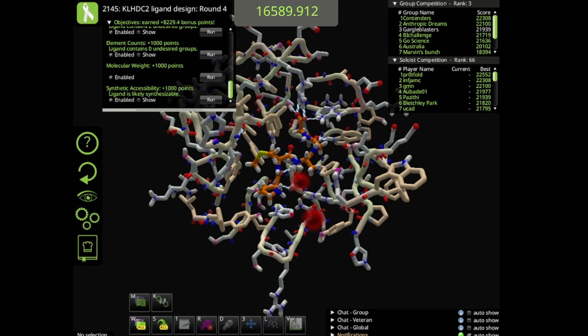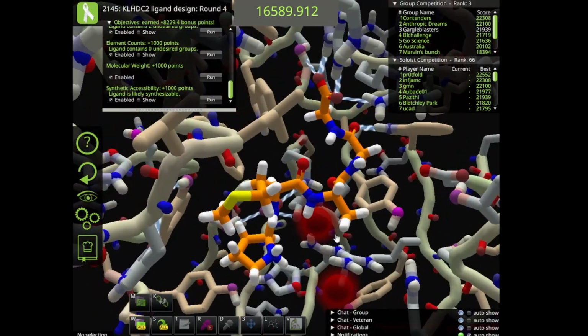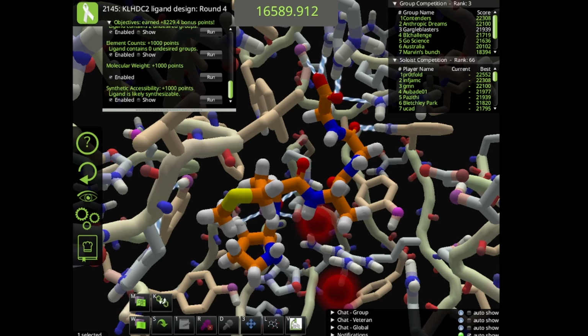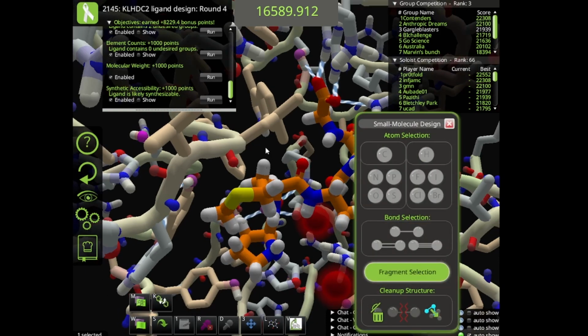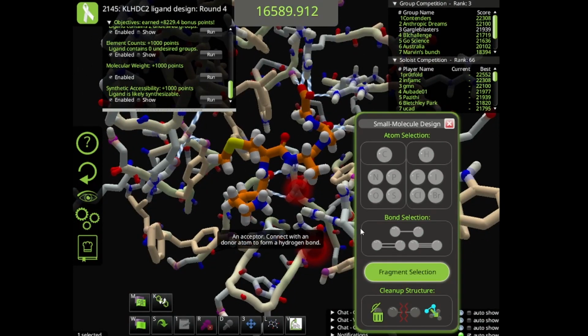Let's start designing. Actually, I'm not good at designing, but I will try. Before designing, I will introduce some atoms you can use.